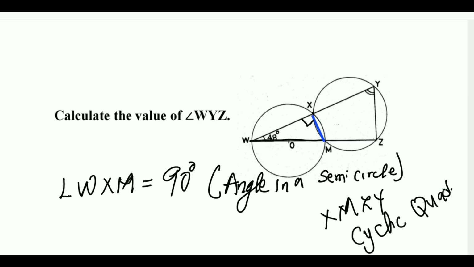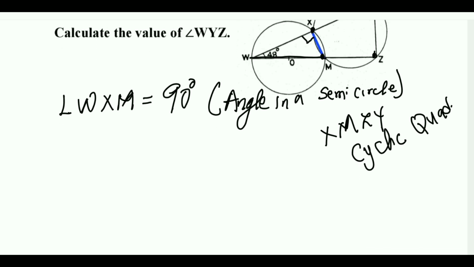A cyclic quadrilateral is a quadrilateral whose vertices are on the circumference of the circle. So what I have there now is a cyclic quadrilateral because I just inserted a line there, a logical line there. All right. So let me remind you about the exterior angles of a cyclic quadrilateral.